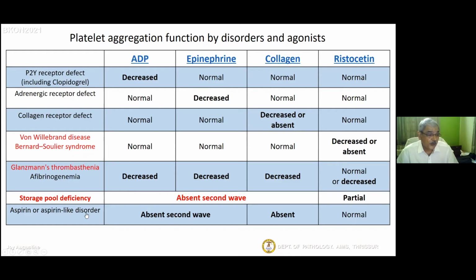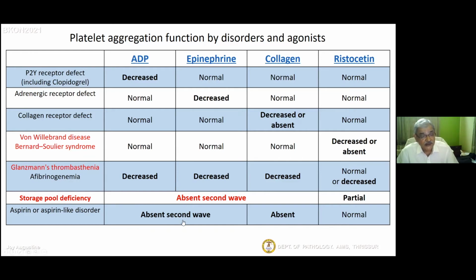Now, the other point to remember is that generally when you do an aggregation test, you have two waves of aggregation, the primary wave and the secondary wave. In storage pool deficiency, the secondary wave is absent. This is very significant because the primary wave will look quite okay, and the platelets in the peripheral blood may look almost normal and may produce aggregates and clumps.